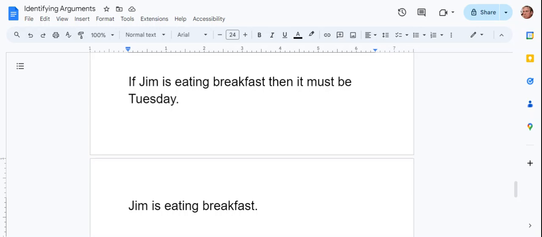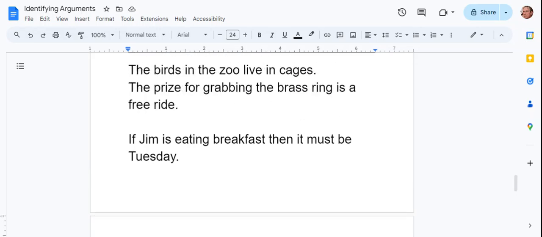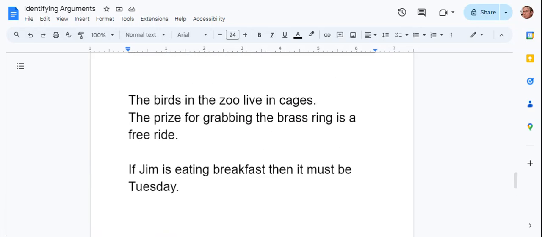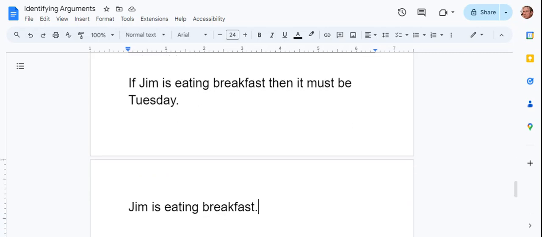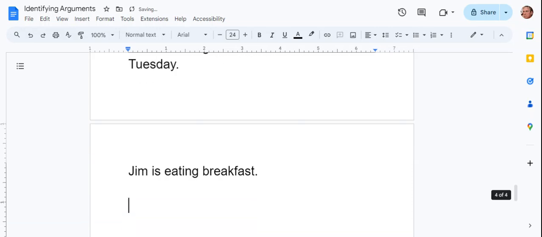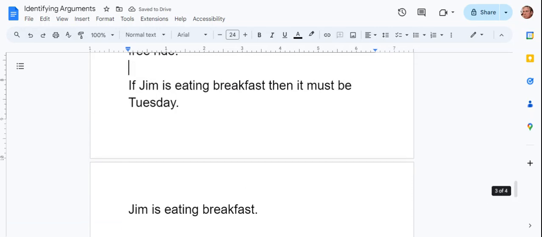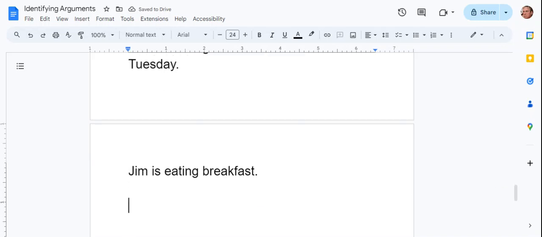Those two statements have a different sort of relationship. They have some relationship, where these two statements here about the birds and the prize don't have any real relationship. Nothing that immediately pops out. Although this is different. That is, if the first statement is true and the second statement is true, then the logic sort of pops out at you. Well, if one is true and the other is true, then a third must be true.